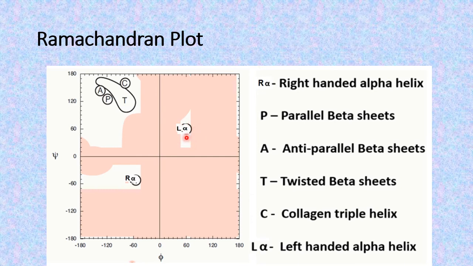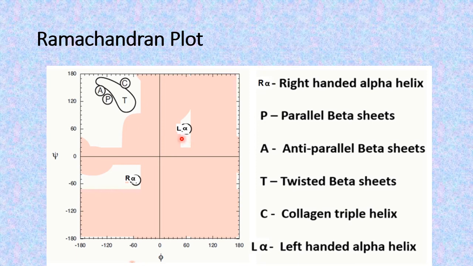So these two types of secondary structures are favored by the mirror image of these various torsion angles. And this left-handed alpha helix is of very rare occurrence. It is just a small region of these angles which permits the formation of a stable left-handed alpha helical structure.